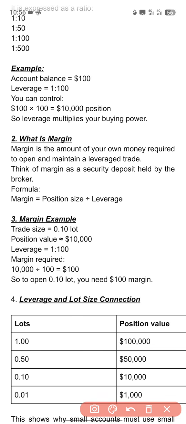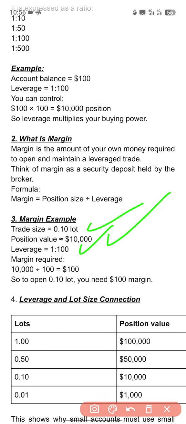Now, this is an example of margin usage. We have a trade lot size of 0.1. If you don't understand lot size, you can check the other video on lot sizes, because I will not be explaining it here. I've already explained it in a separate video on the YouTube channel. The position size you have is $10,000. That means you are using 1:100, and your account balance is $100.